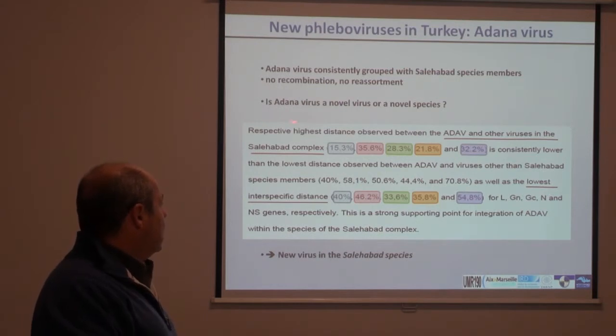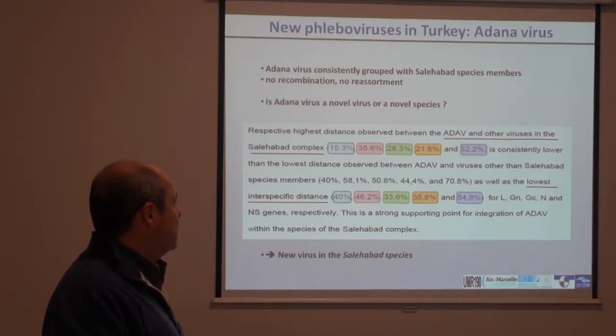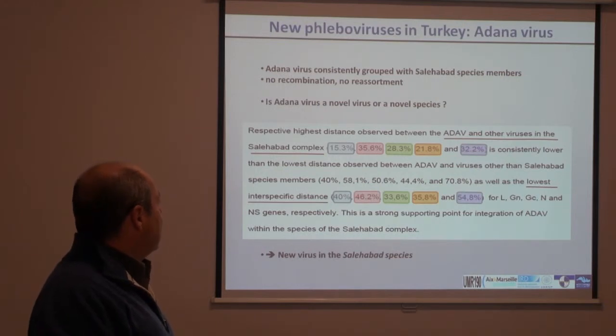Now the second question is: is Adana virus a novel virus or a novel species? If you look at the distances observed between Adana virus and the other Saliabad viruses, they are in different colors, each color for one protein.